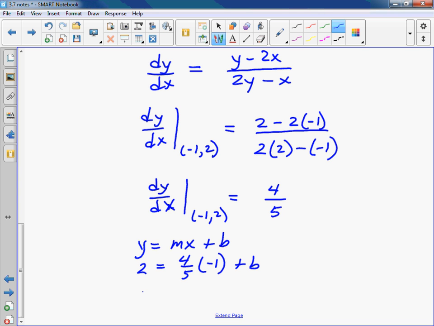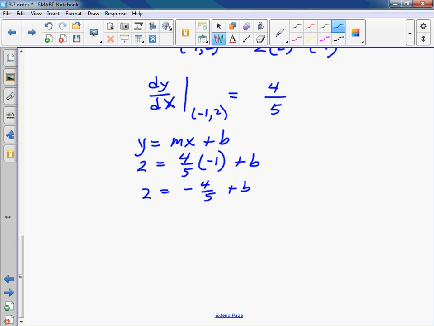And we can say 2 equals negative 4/5 plus b. So we're going to be adding 4/5 to both sides. So we can say that's 10/5.